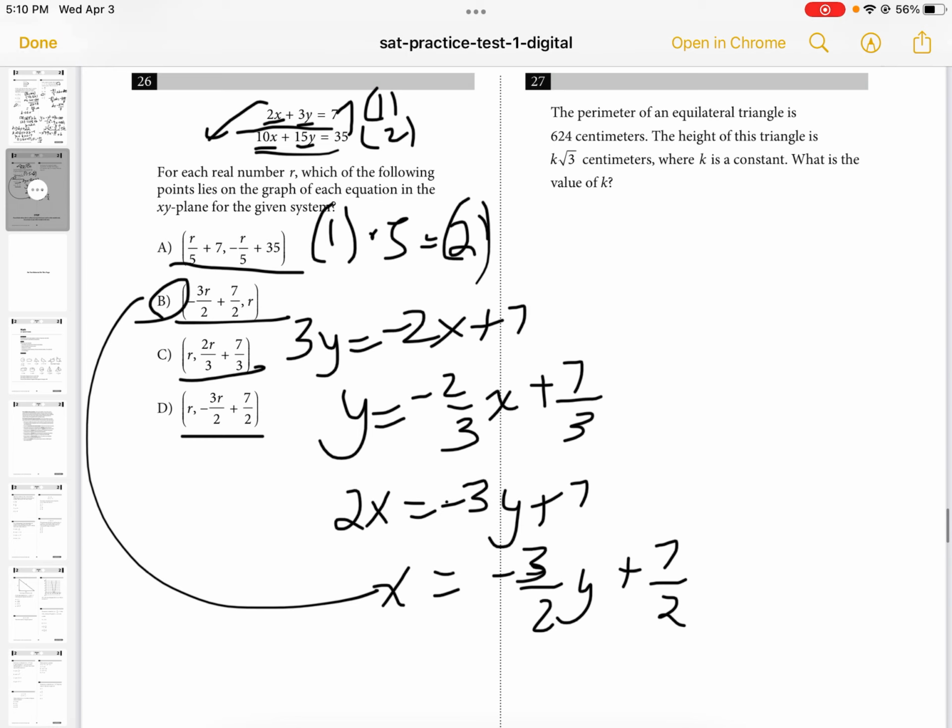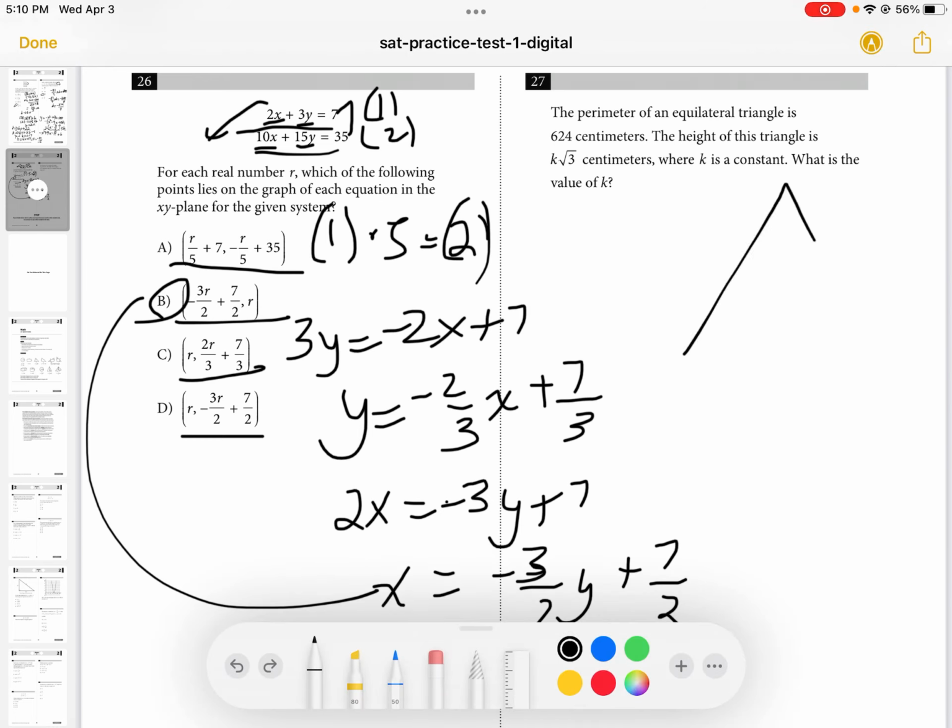Alright, number 27. The perimeter of an equilateral triangle is 624 centimeters. Okay. So each side is congruent for an equilateral triangle, and each angle is 60 degrees. So we can label that. That's 60 degrees, that's 60 degrees, that's 60 degrees.